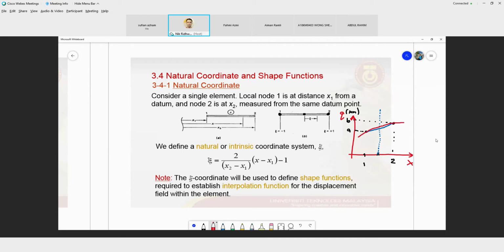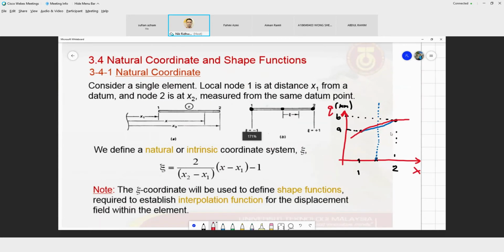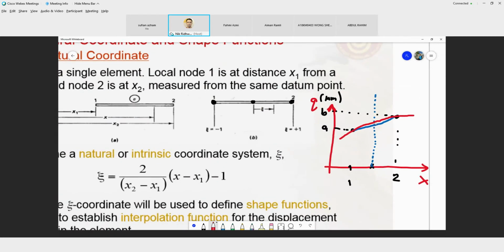So if we use linear, but in the reality it behaves like a polynomial, then kita dah ada small error dekat sini ni kalau kita tengok kan. In real sepatutnya value dia dekat sini, tapi kita punya prediction we assume only linear, so we have some error in our calculation.